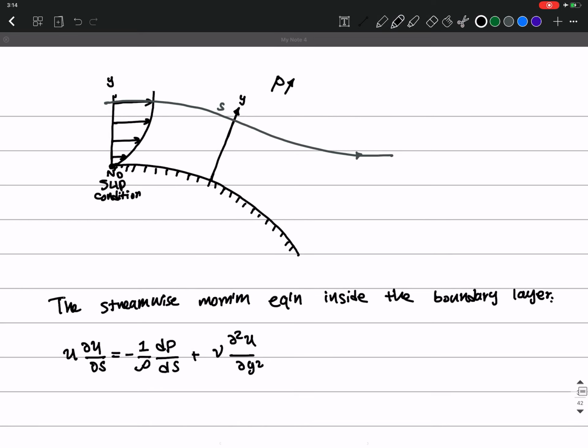Okay. So what happens here is that now when we go here, the pressure increases along S. So the pressure gradient is to be positive in that direction, but we know because of this minus sign, we have a negative force here. So the force that is going to act here is in this direction.